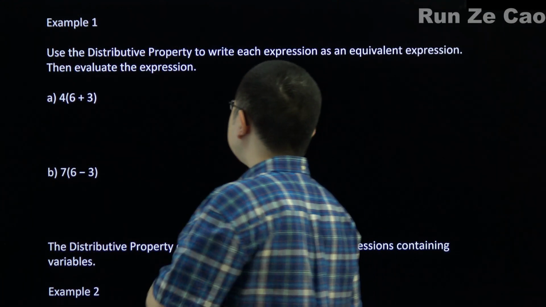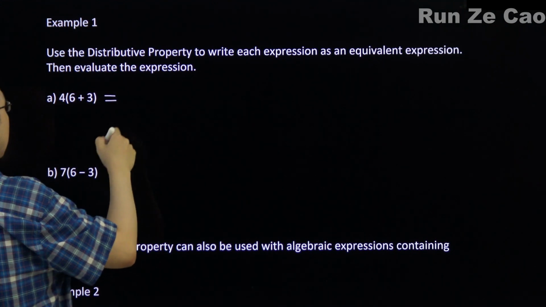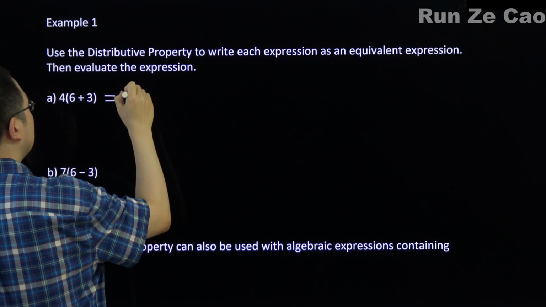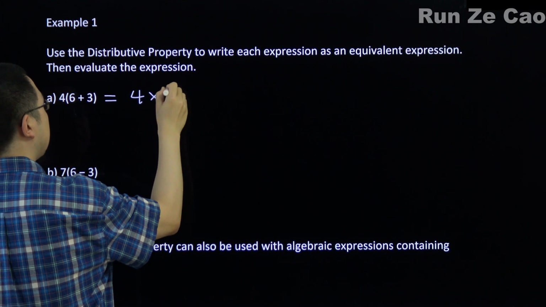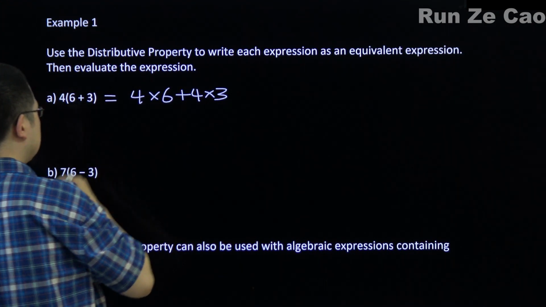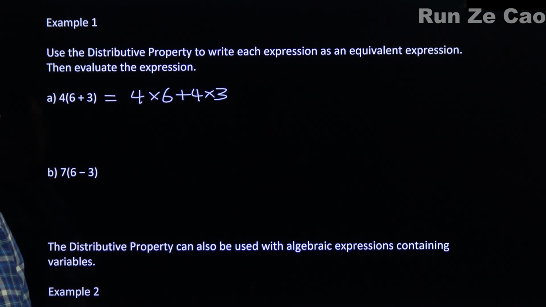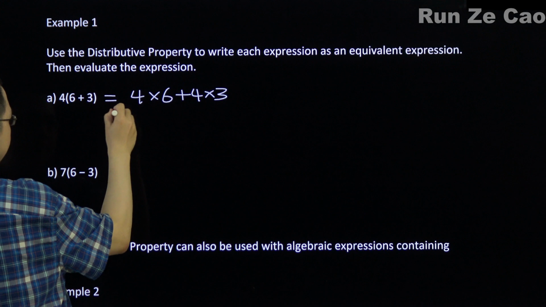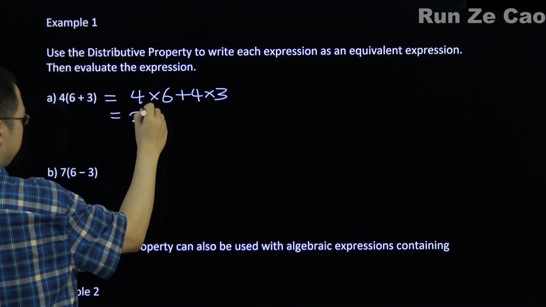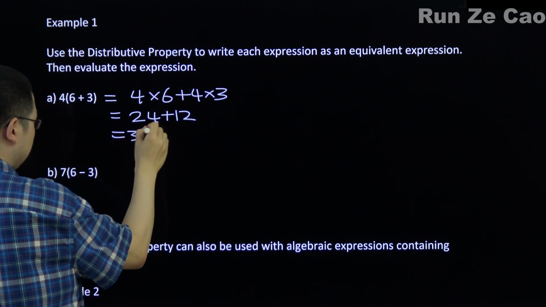Use the distributive property to write each expression as an equivalent expression. Well, this would be equal to 4 times 6 plus 4 times 3, and then evaluate the expression. 24 plus 12 is equal to 36.